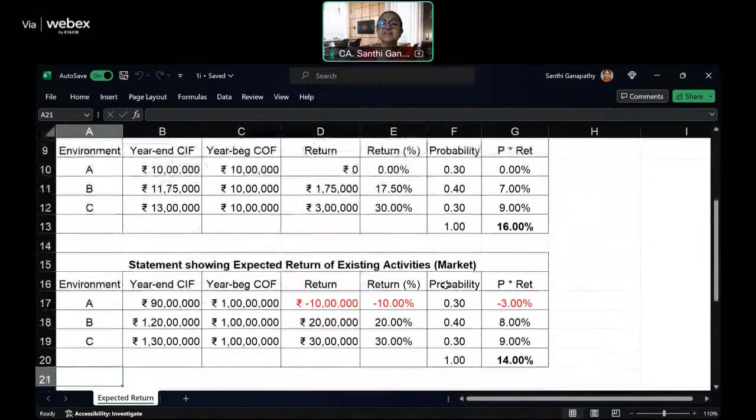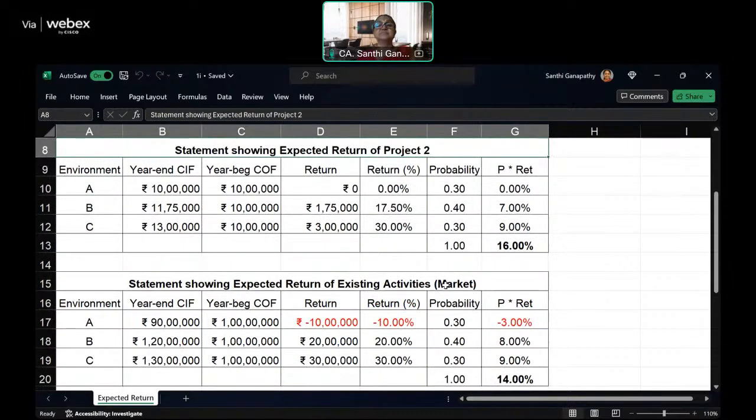Then you need to take existing activities as market. For that also, how much is it? Yes.